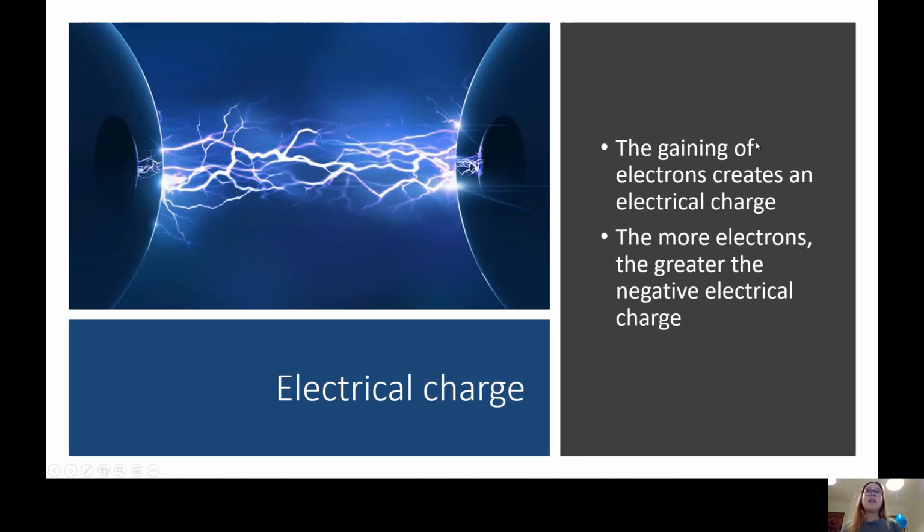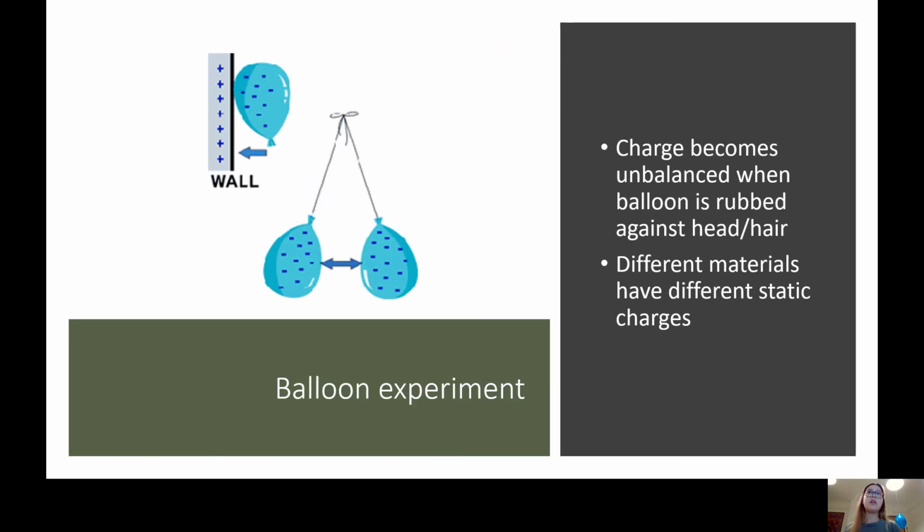The gaining of electrons creates an electrical charge. The more electrons, the greater the negative electric charge. Charge becomes unbalanced when a balloon is rubbed against your hair, and different materials have different static charges.